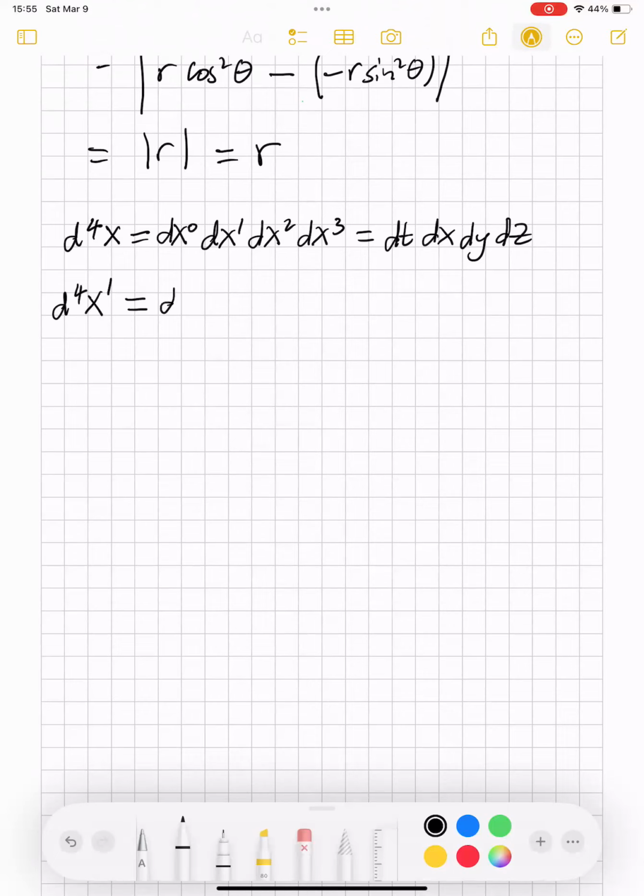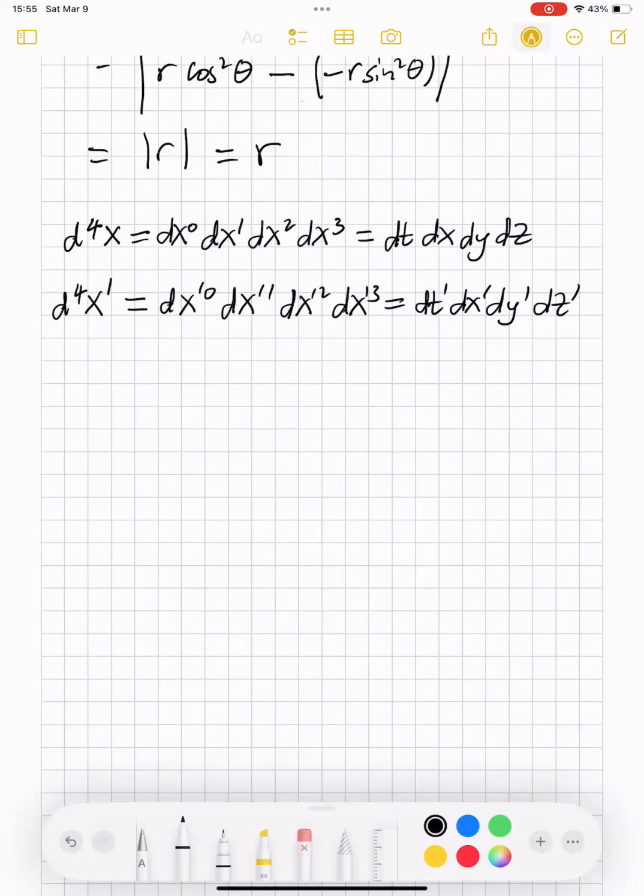So this will be dx primed 0, dx primed 1, dx primed 2, dx primed 3, and again, maybe more familiarly, dt prime times dx prime times dy prime times dz prime.